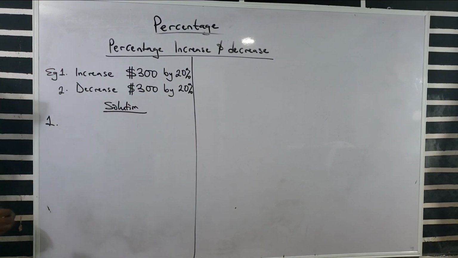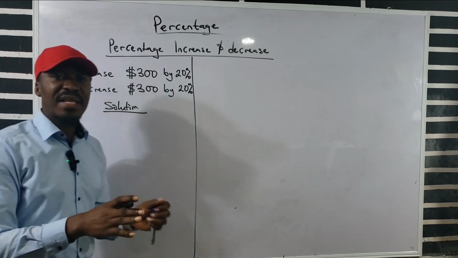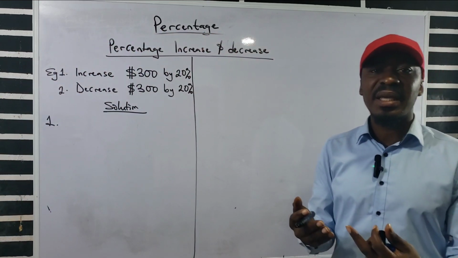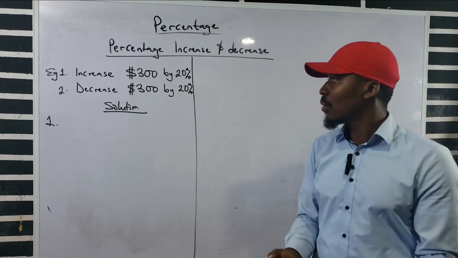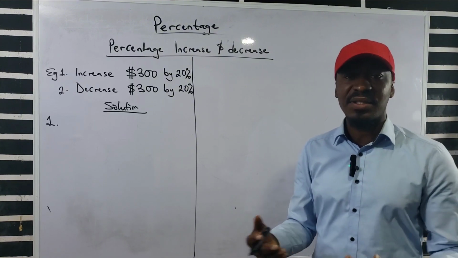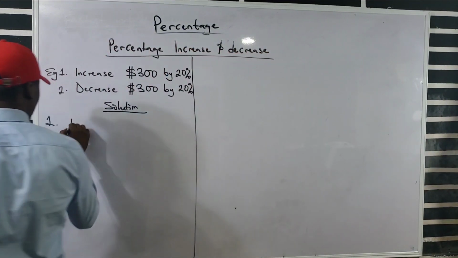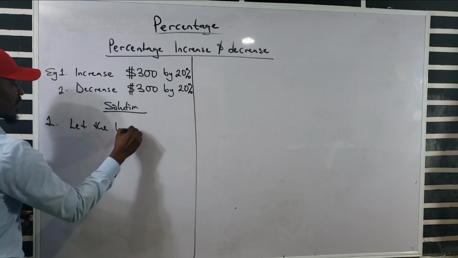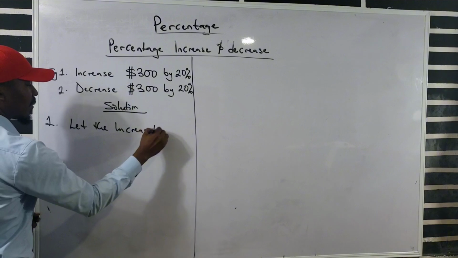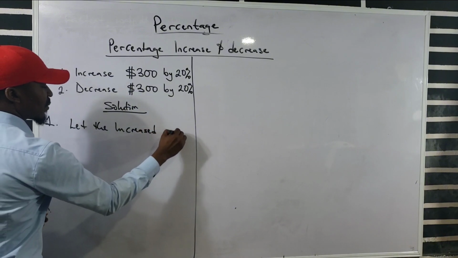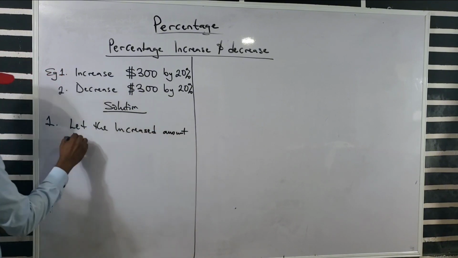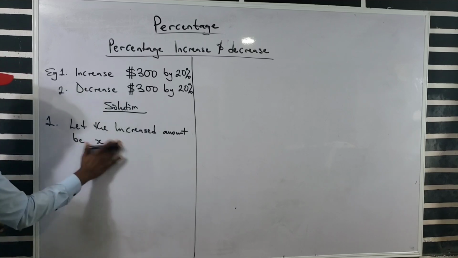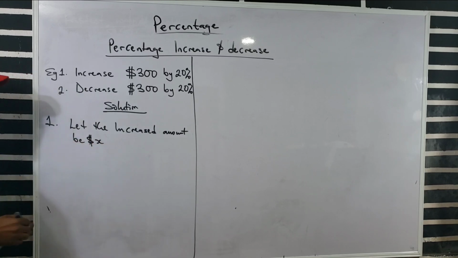Number one. So let's use the first method. The first method is to first of all assume that the new value, the increased amount, be X dollars.